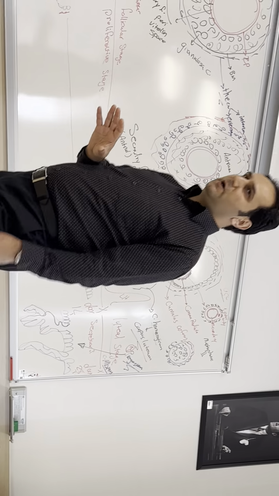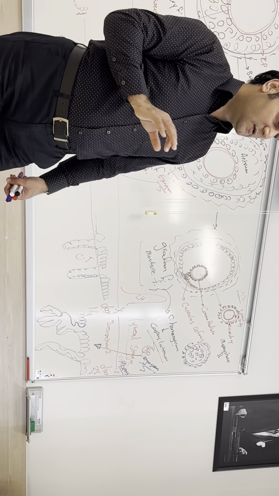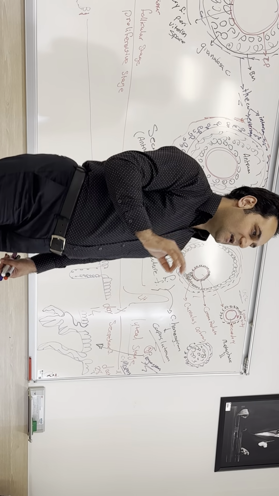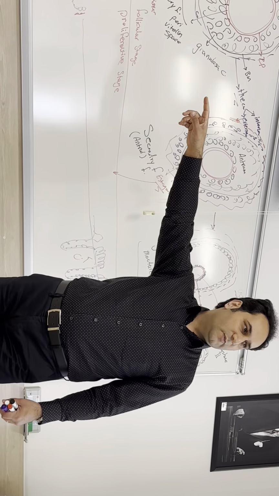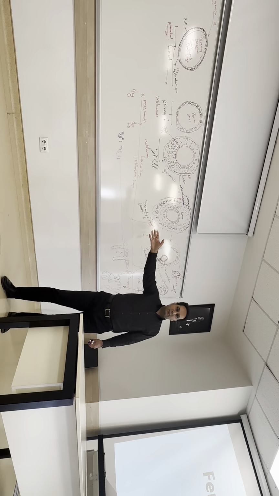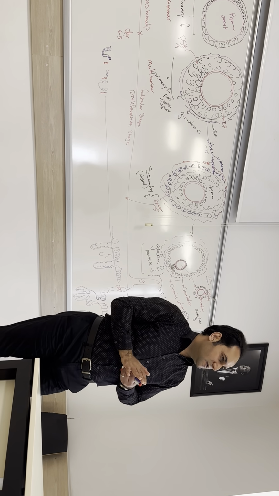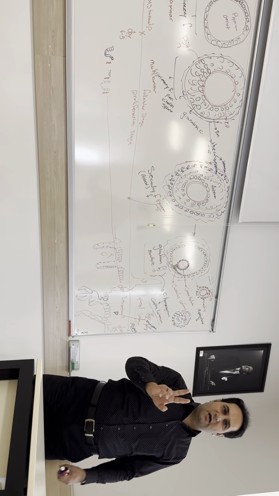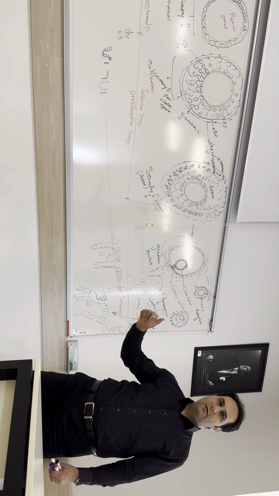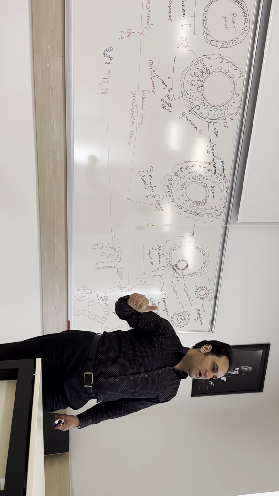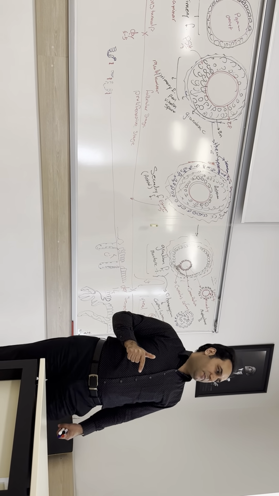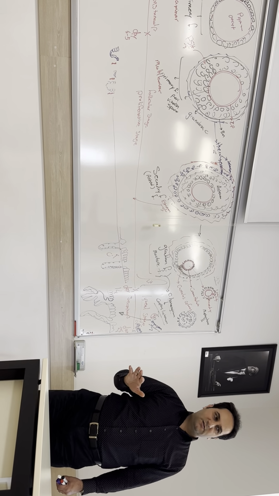Firstly, tuba uterina is lined with simple columnar epithelium, like endometrium, because it's continuous with endometrium. But in the epithelial side, we have two different types of cells: the ciliated columnar cells and PEG cells without any cilia.